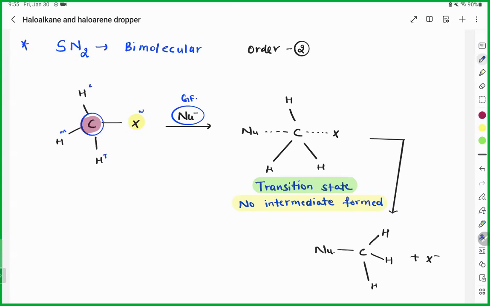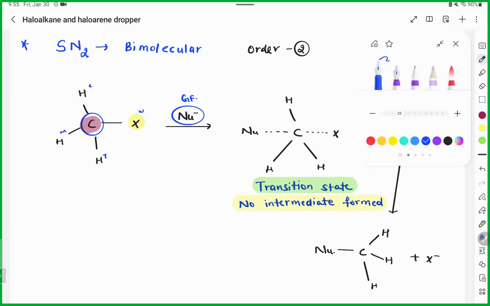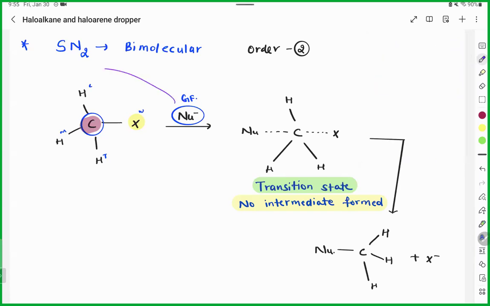So, Jordan, what will the girlfriend do? The girlfriend will take the place of the wife's position. She'll come from the backside, the back door. So in this case, we will say that the nucleophile attacks from the backside. This is important for your NEET concept.